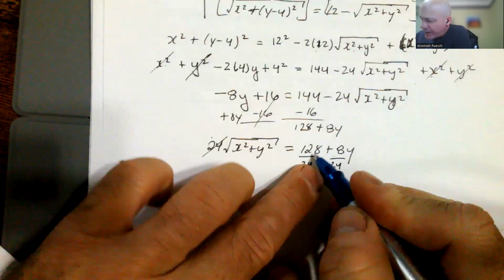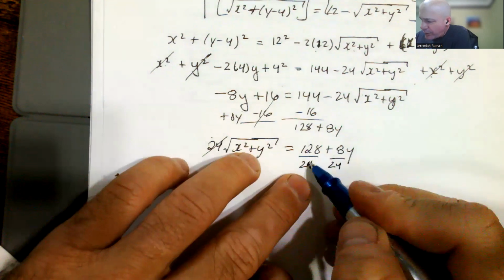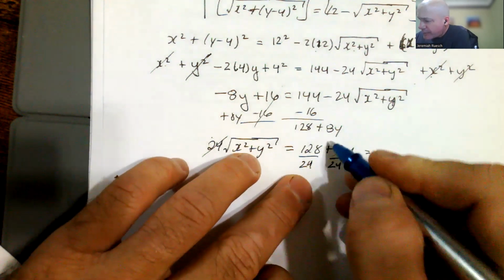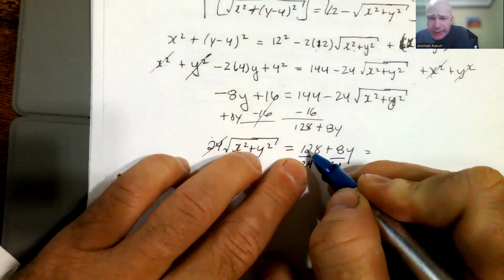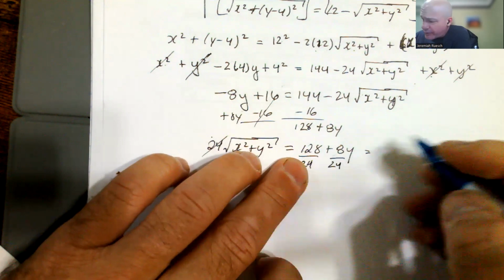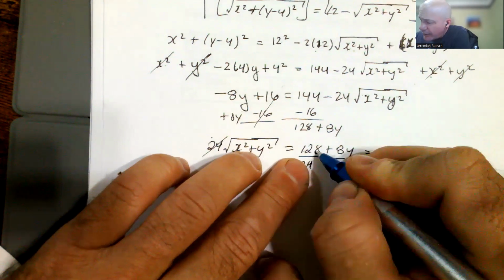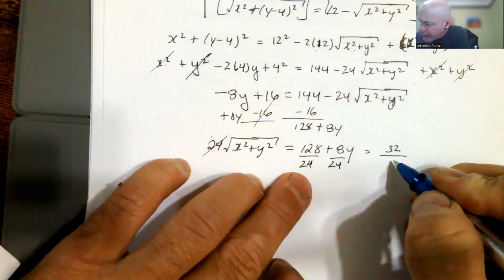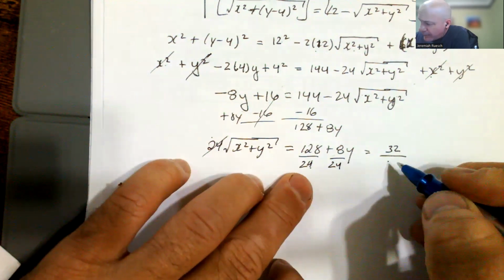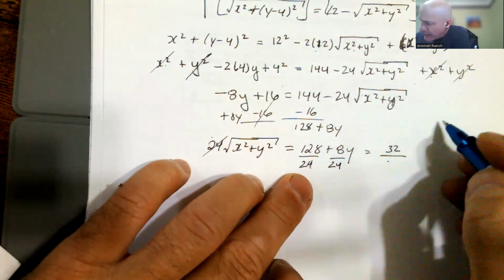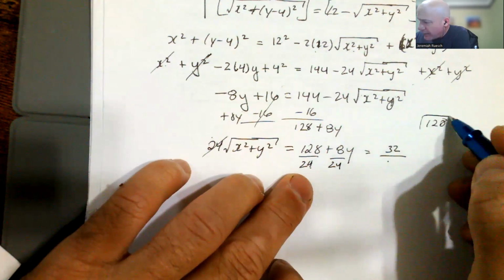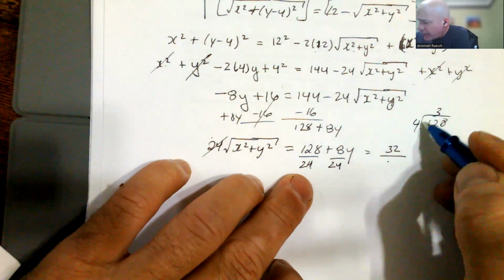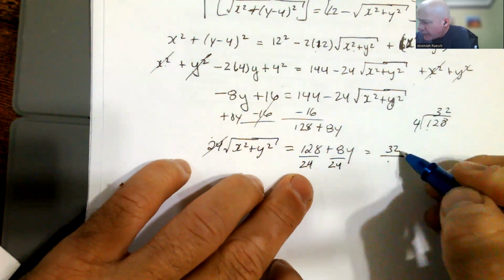So if we do reduce it by 4 at least, I know 4 will go into 12. You see the 12 right there? So that'll go in 3 times. And then 12 goes into that 2 times. And then 4 goes into that. Wait, is that right? 128 divided by 4 is 32.